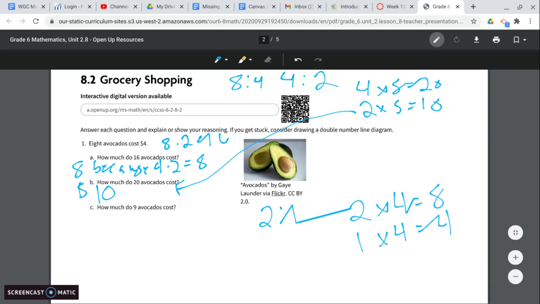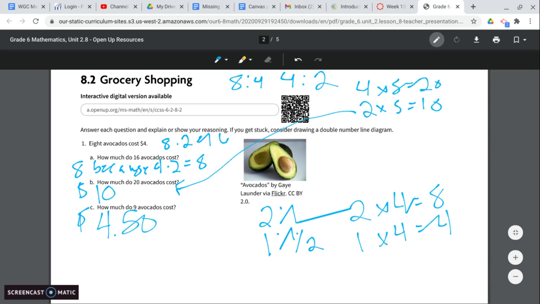We need one more avocado. So half of 2 is 1. So that means it's going to be $4.50. We're adding a half on so we can get to our 9. So $4.50 there.